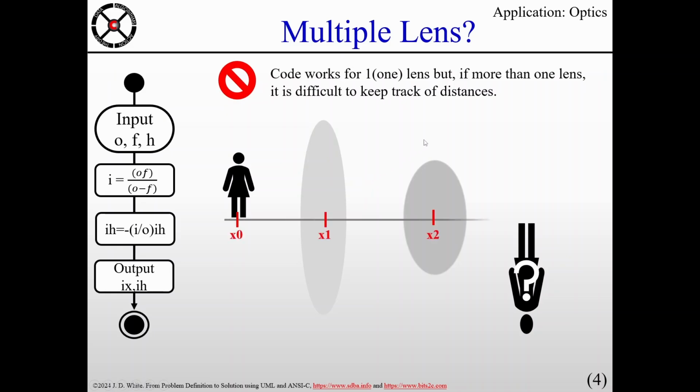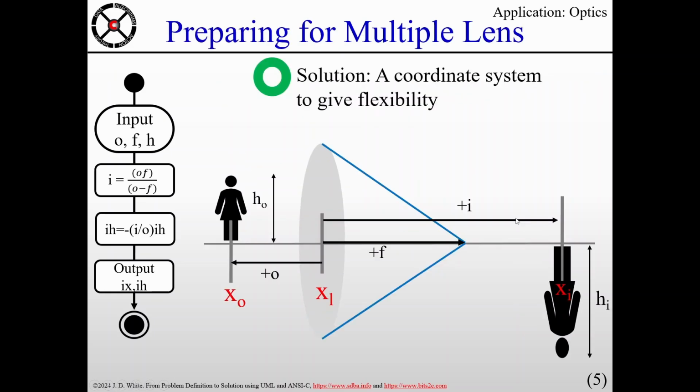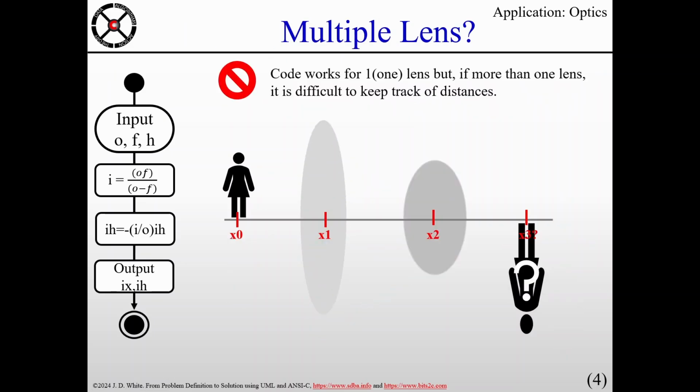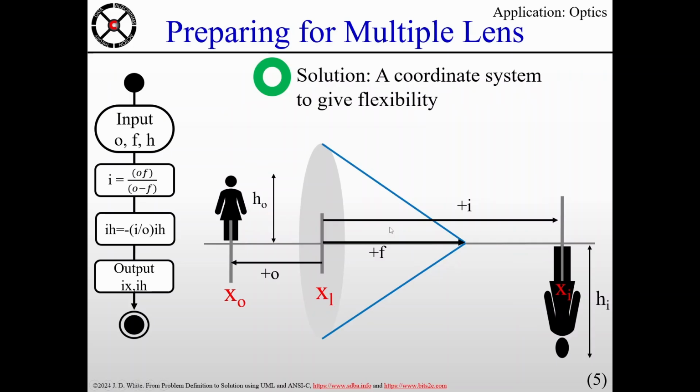So, therefore, we need to add some sort of a coordinate system. Like we can then say, okay, this person's at x0, the lens is at x1, the second lens is x2, and we're going to try to find x3, where is the person standing. So we basically add a coordinate system to give us flexibility.